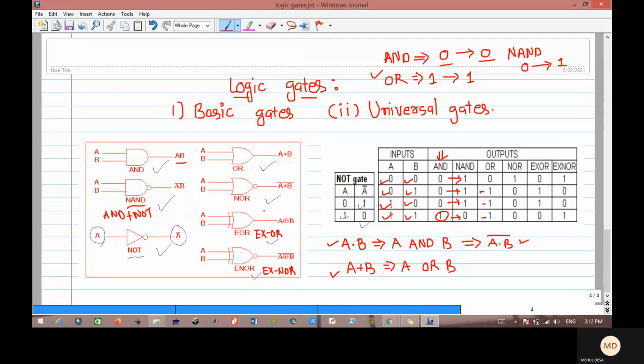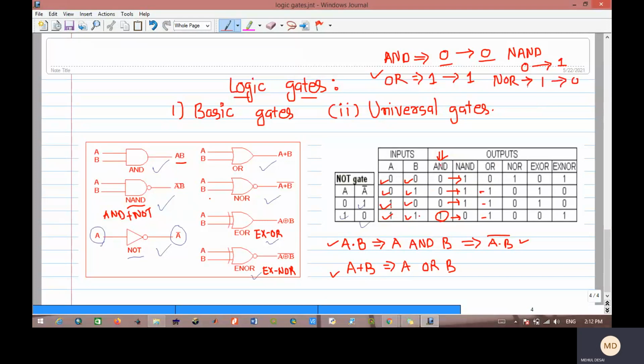Now the NOR gate. Similar to the NAND gate, the NOR gate is nothing but OR plus NOT. Whatever output we get from the OR gate, we have to complement it. In the OR gate, if any input is 1, then the output is 1. In the NOR gate, if any input is 1, then the output is 0.